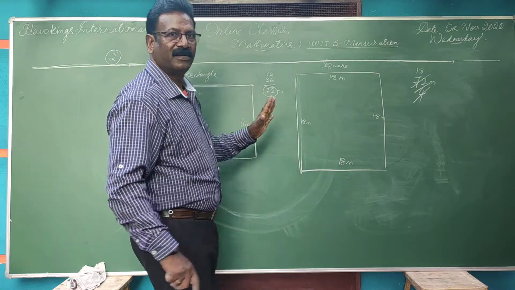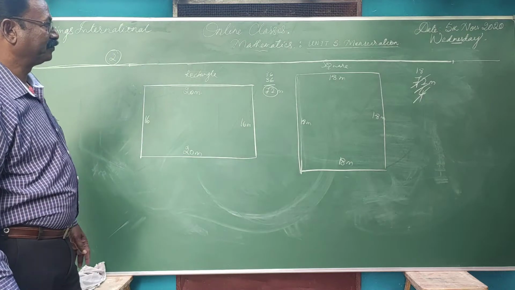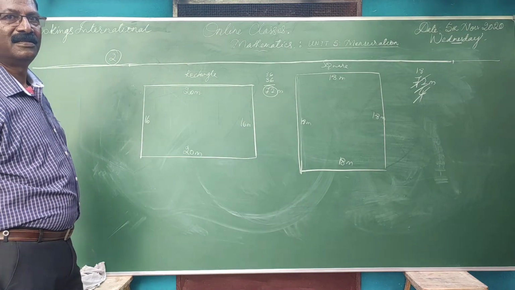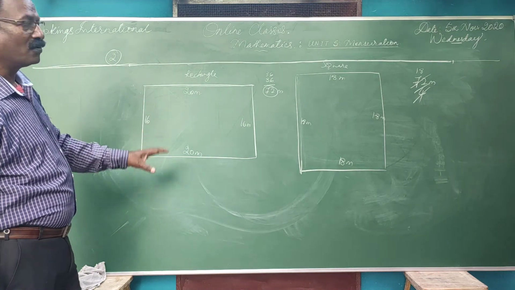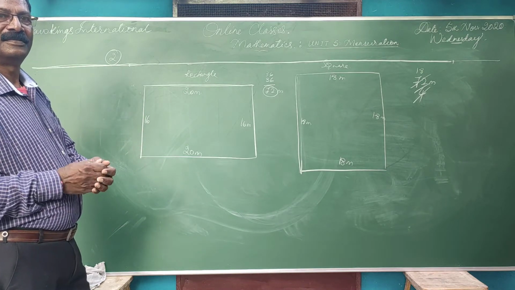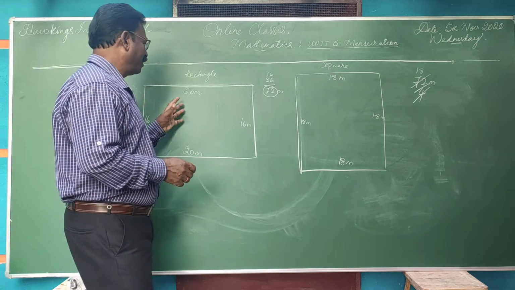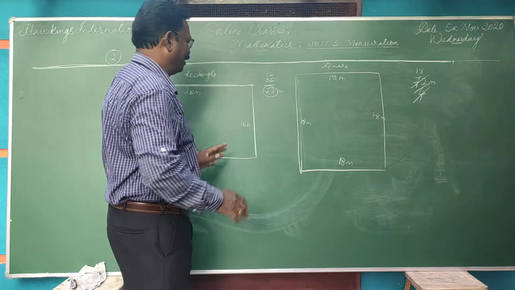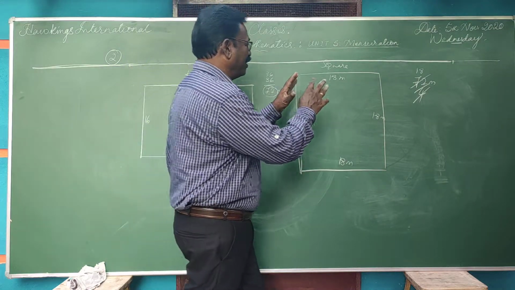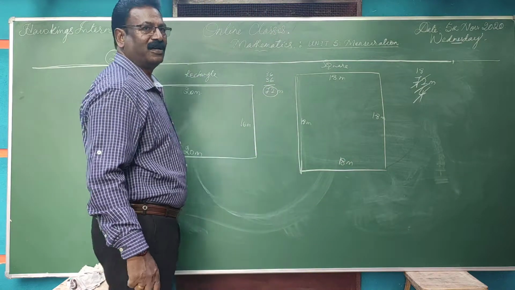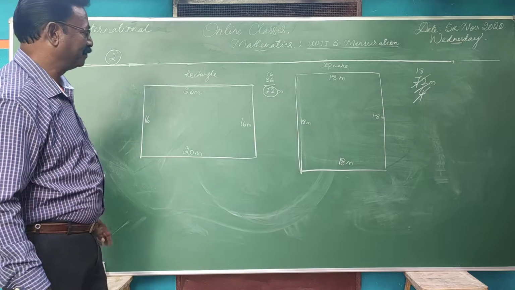So already it is written on the board. But now the question is, which one will enclose more area? This area, this space, here it is more or there it is more. So that we have to understand.